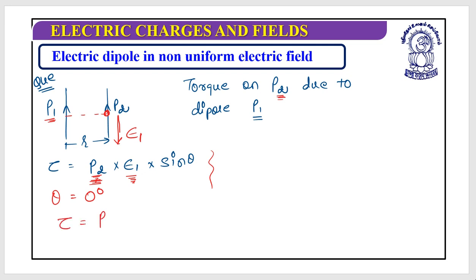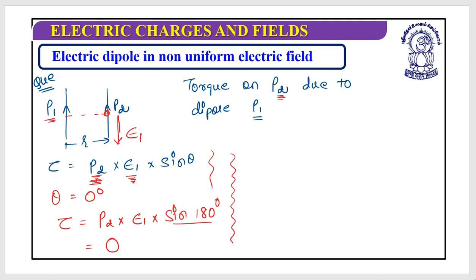Torque equals P2 multiplied by E1 into sine of 180 degree. Sine 180 would be 0. So the torque would be 0.